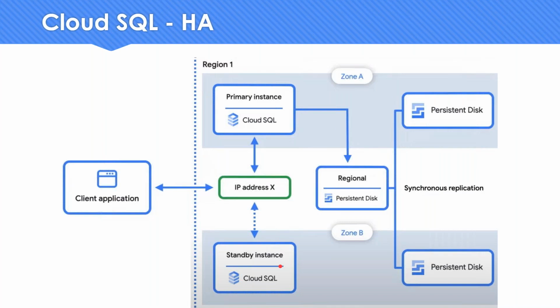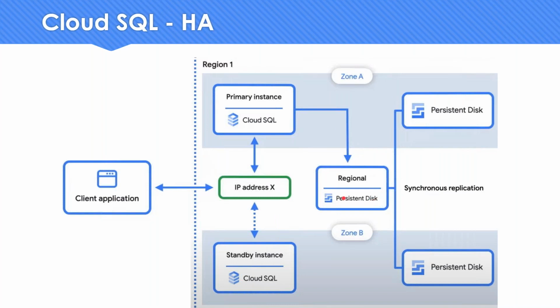The mapping happens automatically, and this is going to take a couple of minutes, sometimes 5 minutes. The data is always in sync, but the switchover, or the failover, takes a little time. It's not immediate, which is what I wanted to show you with this demonstration. Behind the scenes, a regional persistent disk is there.